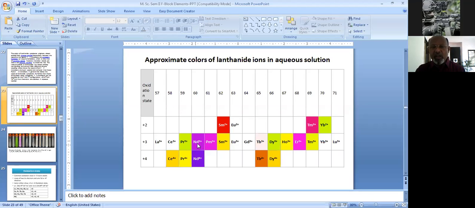Similarly, neodymium in +3 oxidation state is somewhat purple pinkish in color, while in higher oxidation state, that is neodymium +4, it is somewhat dark purple in color.